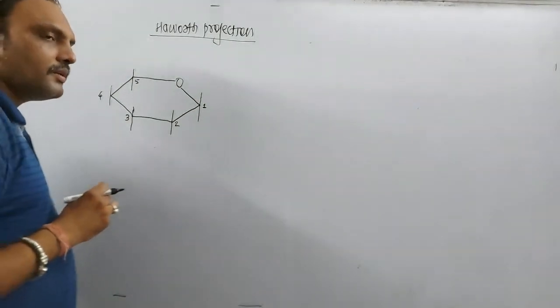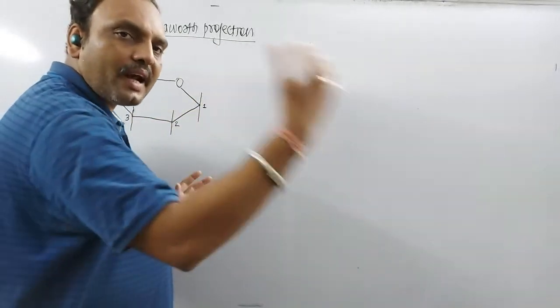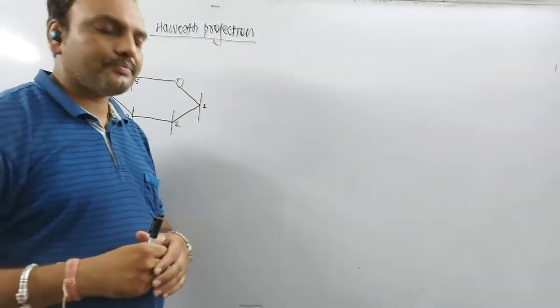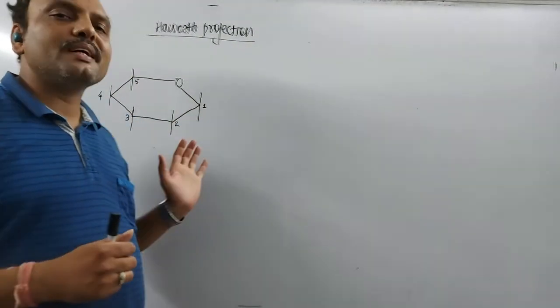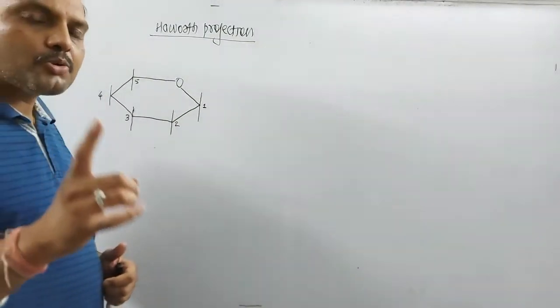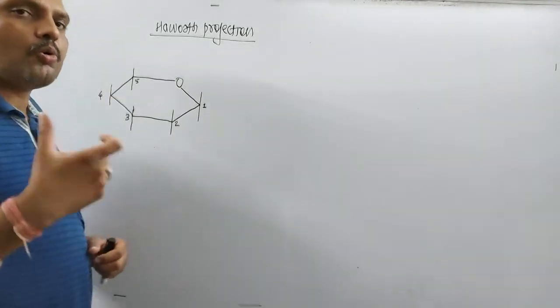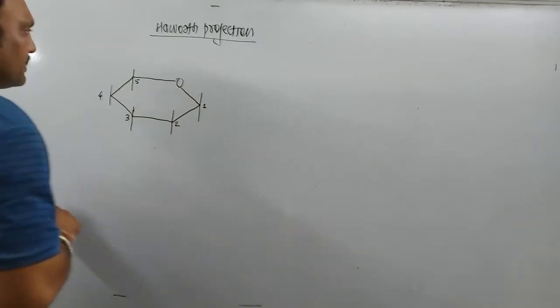Now remember, the groups present in the cyclic structure on the right-hand side should be written downward, and the groups present on the left-hand side should be written up, especially for sugars of the D series. And remember, for the D series, CH2OH connected to the fifth carbon should be written on the upper side.